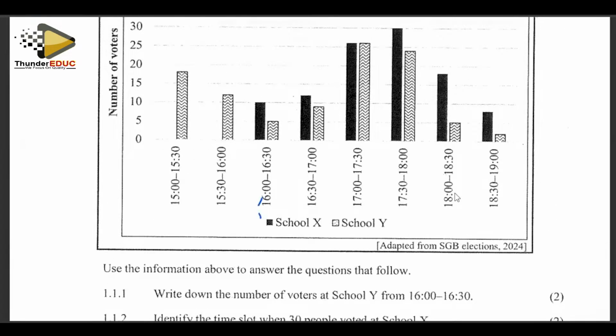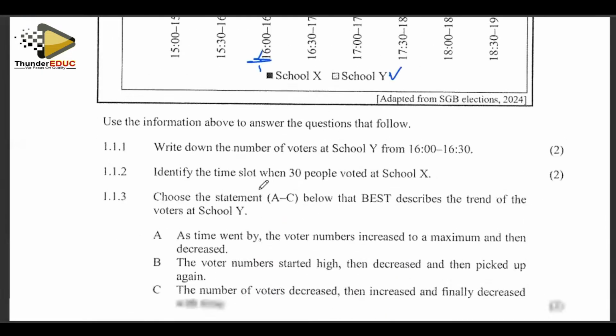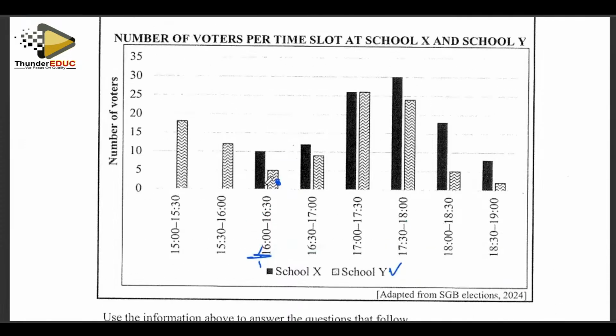Okay. Write down the number of voters at school Y from 16 hours to 16:30. So we come here, we look at this. That's the first, and we are looking at Y. Y is this other one here. So these were 5 voters. So here the answer is 5. Identify the time slot when 30 people voted at school X. All you have to do, come here, look at where it touches the dark graph, because that's school X. And what time was it?